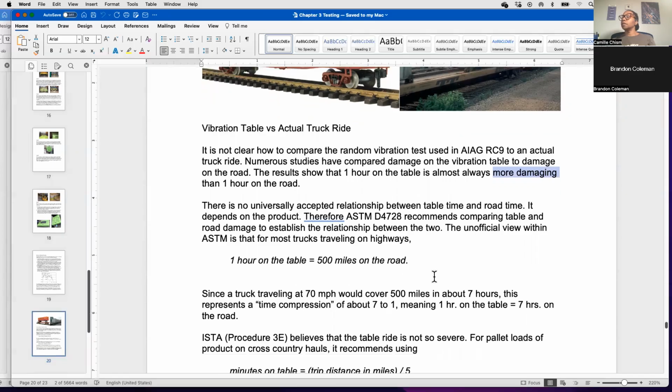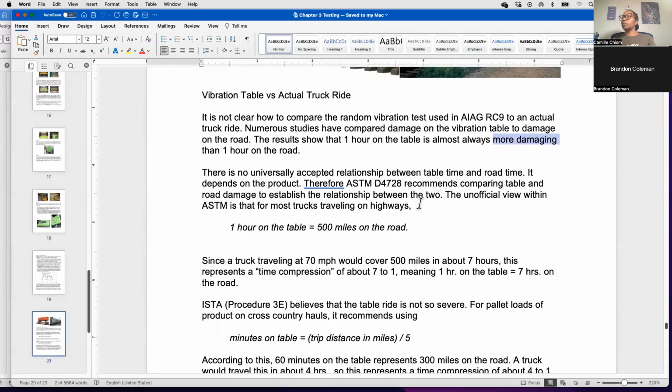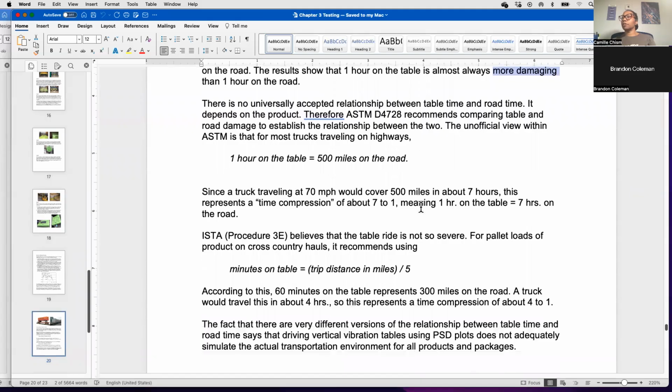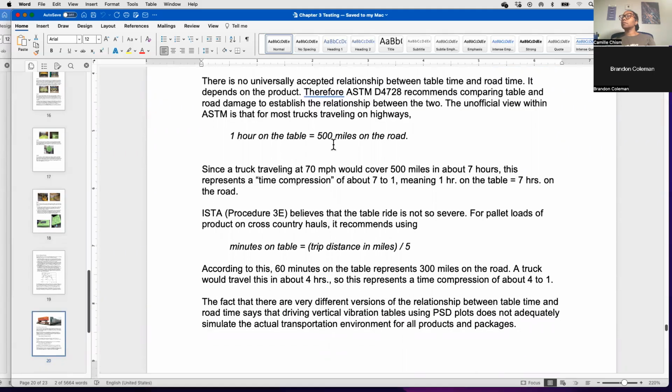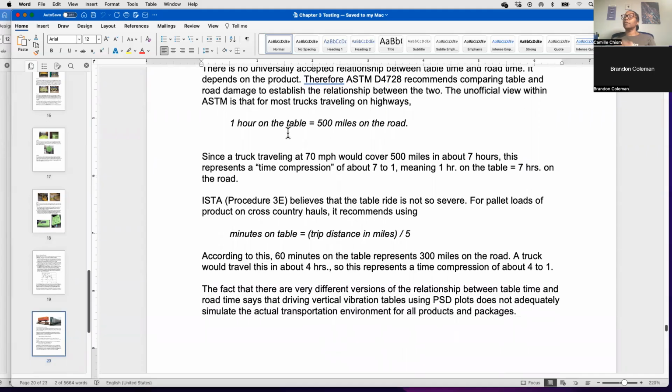So this tells you what you can compare things to, as far as the table and the roll time. So here the guideline is about 1 hour on the table is equal to about 500 hours on the road. And 500 hours is a really long day for a truck driver.